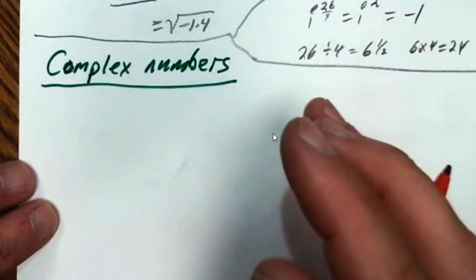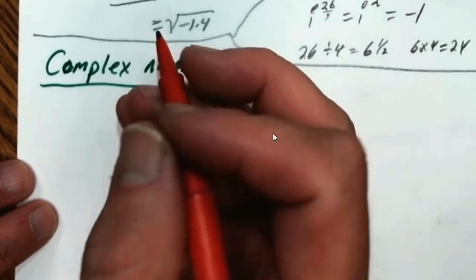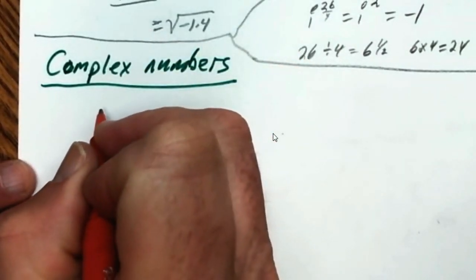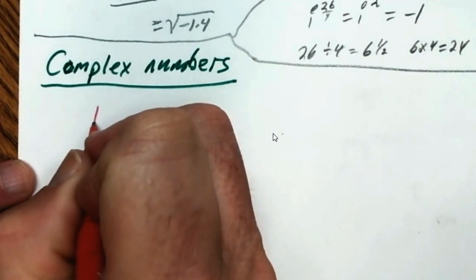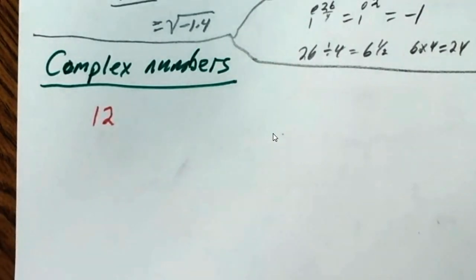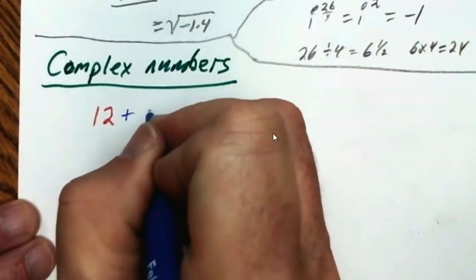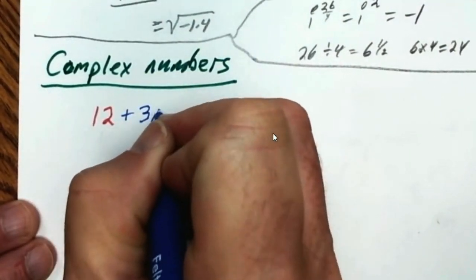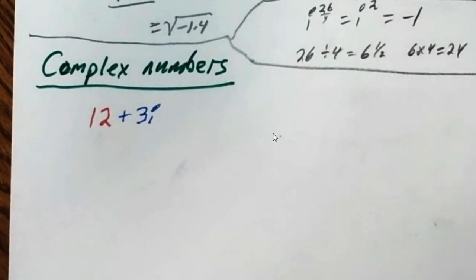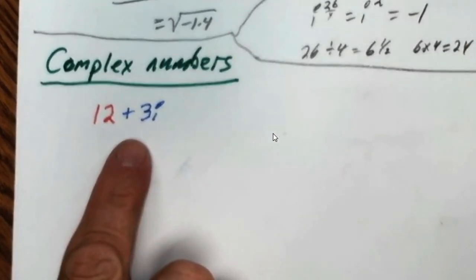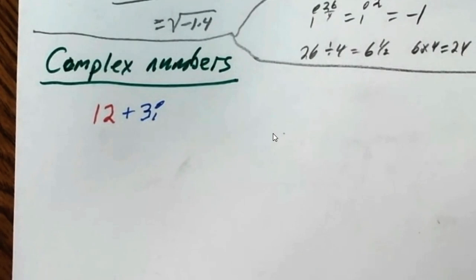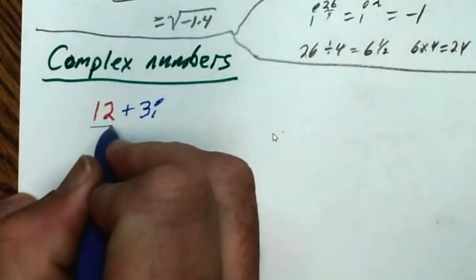Let me give you an actual number instead of just using all variables. Let's say 12 plus 3i. That's a complex number. A complex number has 2 parts. So there's this part and this part.